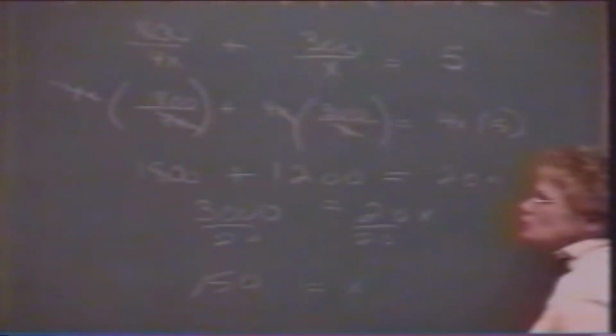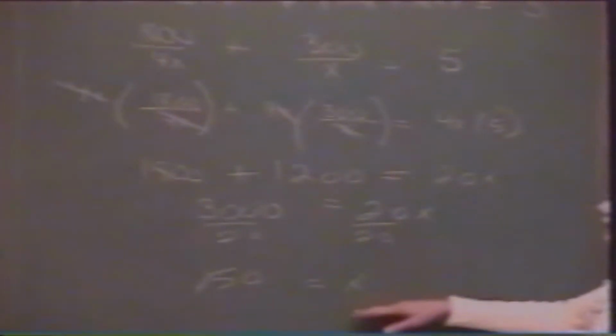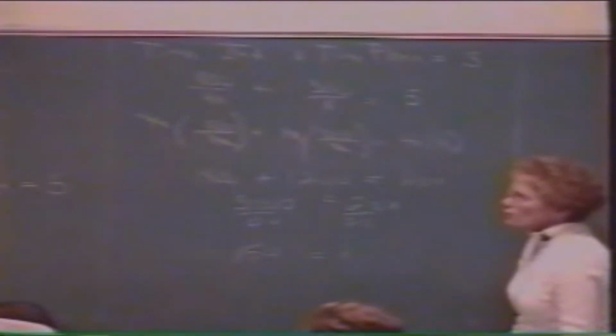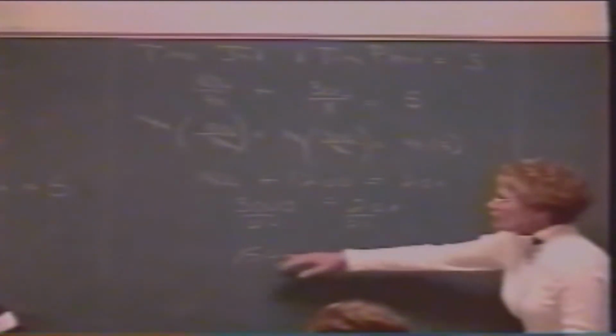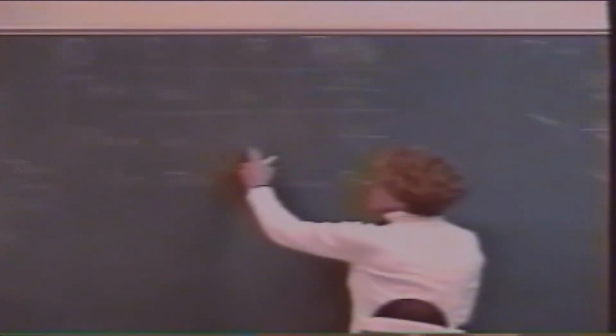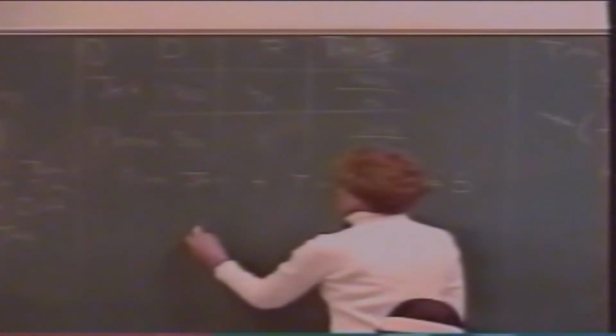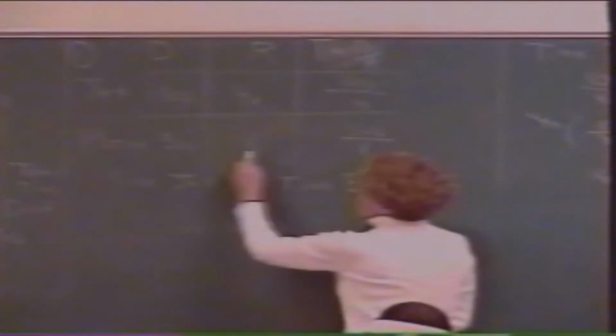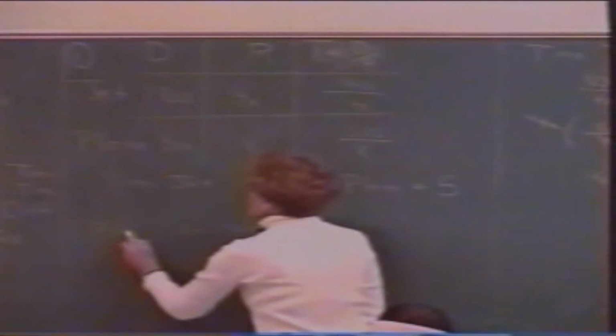Now what we need to do is go back to our chart and see what that x stood for, and then also see if we answered the question. So we got 150, and the x is our rate, so we're getting 150 miles per hour, and that's the rate of the plane. So the plane is flying 150 miles per hour.